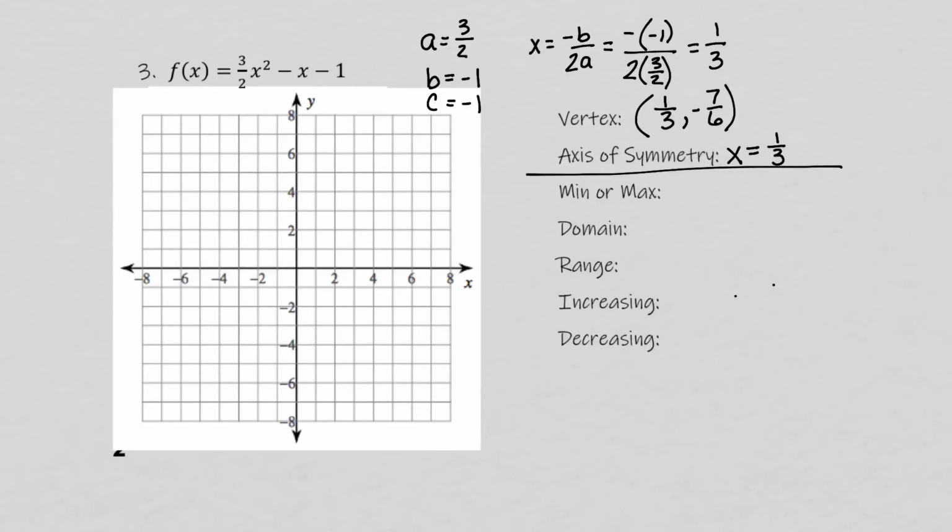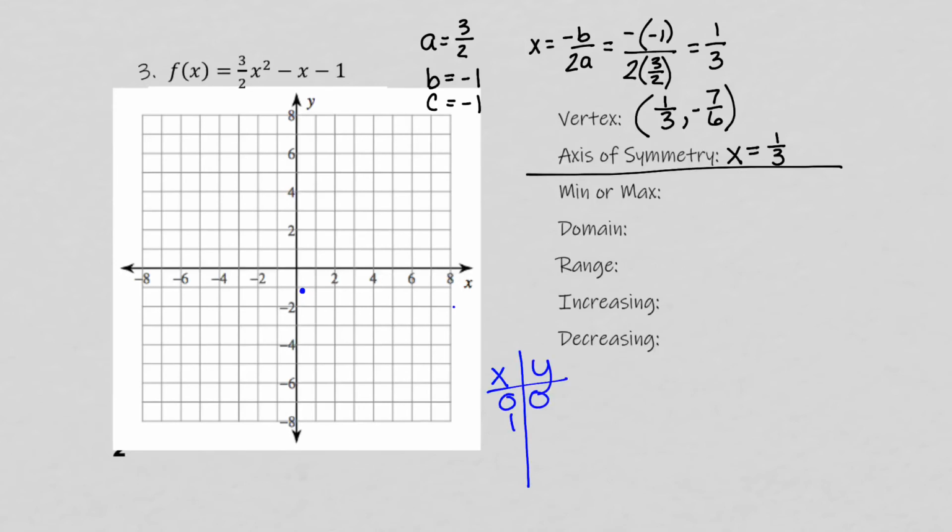So I go to 1/3 and down -7/6. That's 1 1/6. So 1/3 over and down, because it's negative, we'll put that point right there. All right, I know it's not exact, but that's because we're drawing it, and things aren't exact when you draw it. All right, we need those starting points.